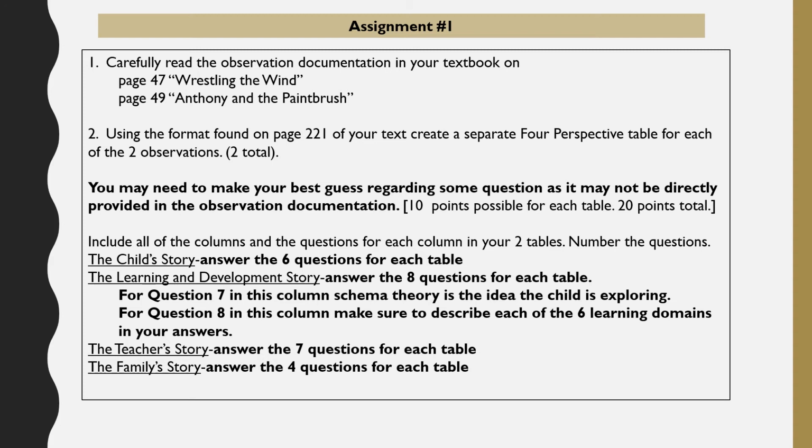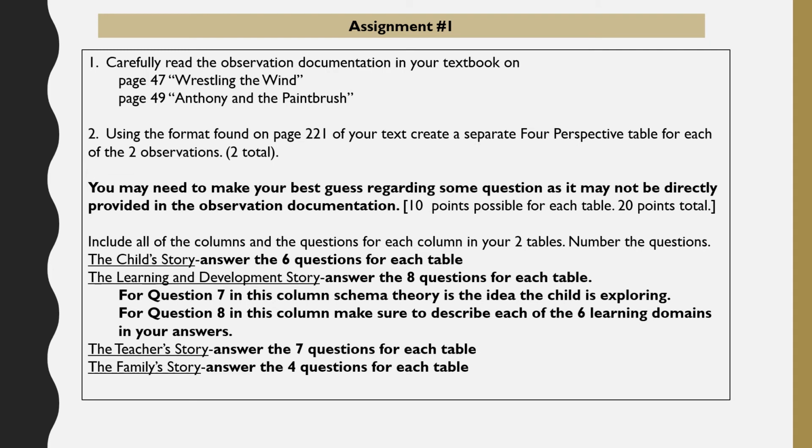And then use the format on page 221 of your text, which we just looked at in the previous slide, to create a separate 4-perspective table for each of the 2 observations. One for Wrestling the Wind, and one for Anthony and the Paintbrush.